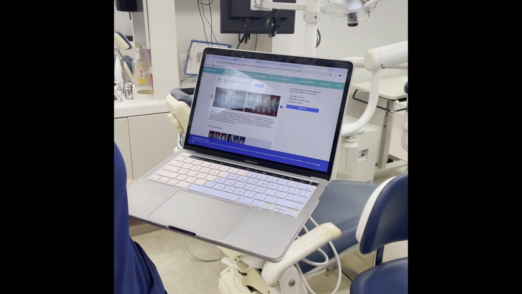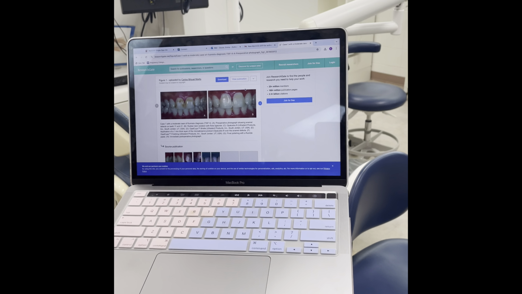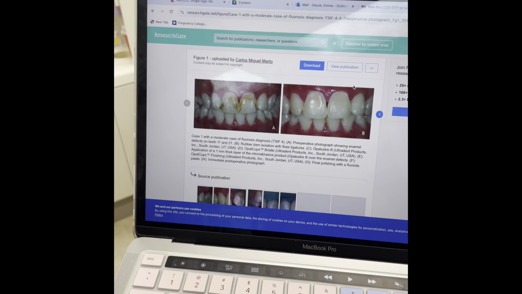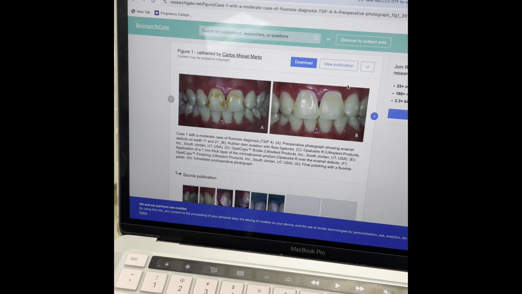So a good example would be this. Okay, and then a score of 1 would be parchment white fluorosis involving less than 33% of visible tooth surface.